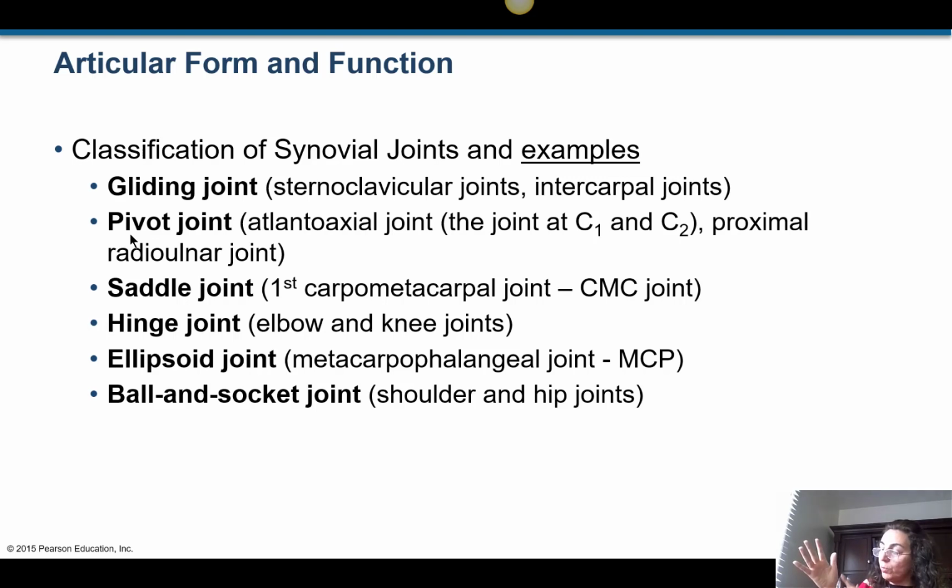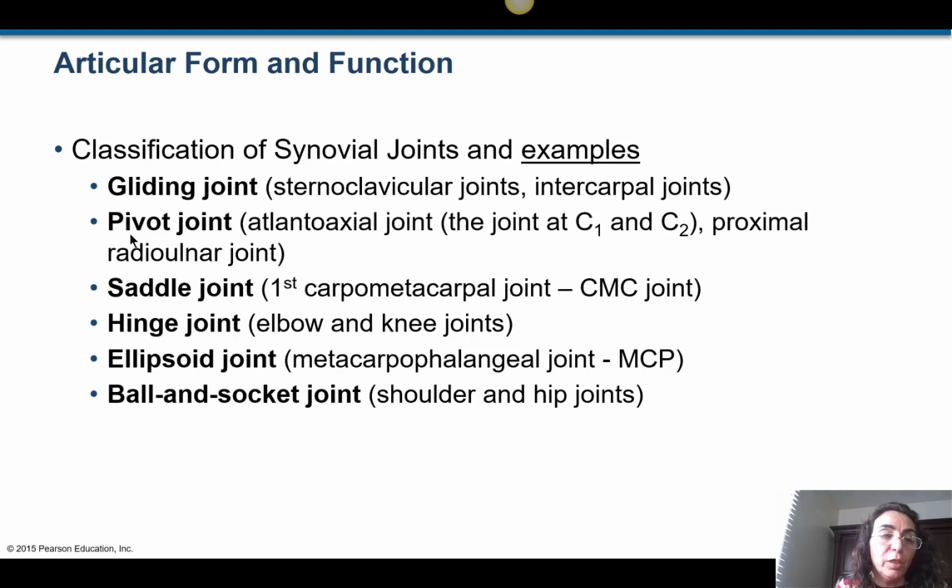So we have a joint between the carpal and metacarpal. We call it CMC, C for carpal, MC for metacarpal. So we call it CMC joints. The first CMC joint is a saddle joint. So first CMC is a saddle joint.